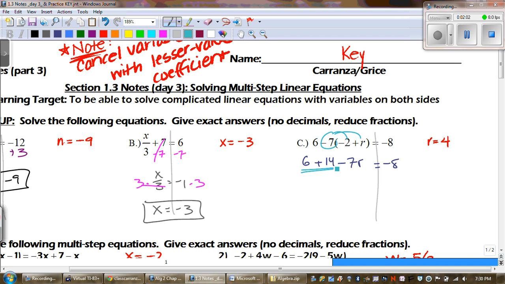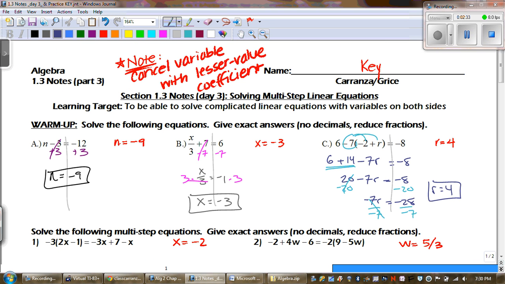Let's combine your like terms, and we get 20 minus 7r equals -8. I have to subtract that 20 from both sides, and we get -7r equals -28, and then divide by -7 on both sides, and -28 divided by -7 gives us a grand total of 4.